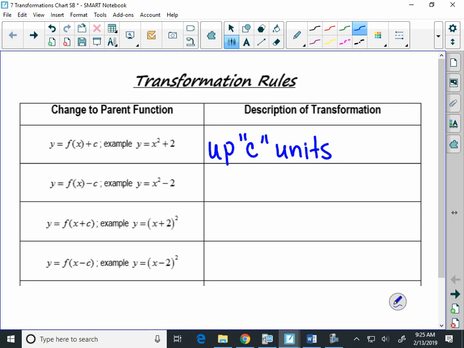And again, if we add something to the function, we're moving up, which means that if we subtract something from the function, we move down.